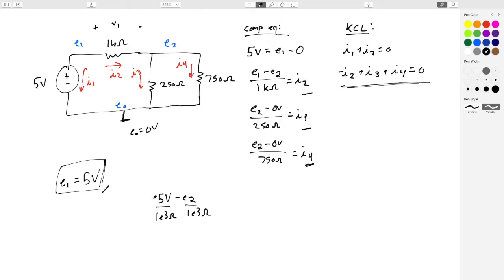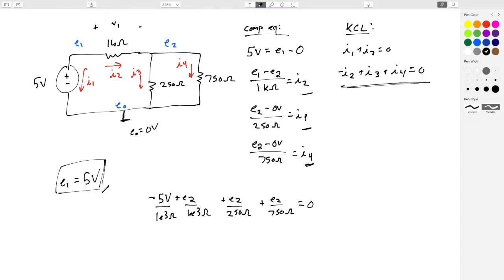Whoops, that's a minus. So let's do minus and then plus. All right, let's do the next one. That'll be E2 over 250 ohms, then plus E2 over 750 ohms equals 0. Fantastic.